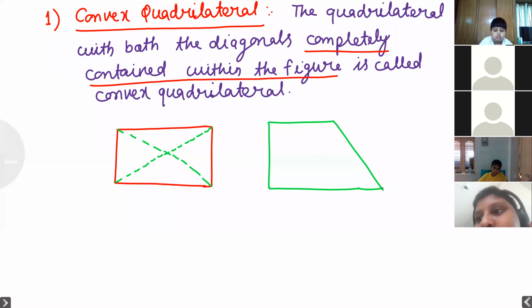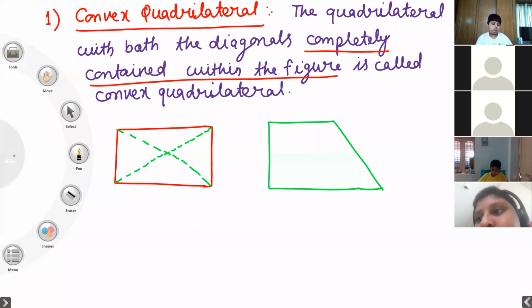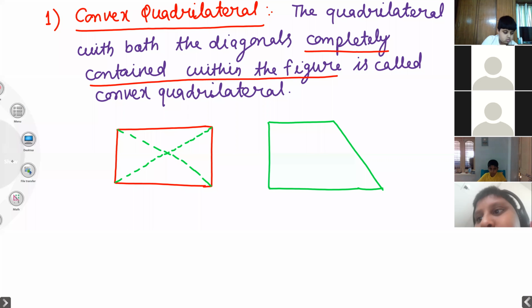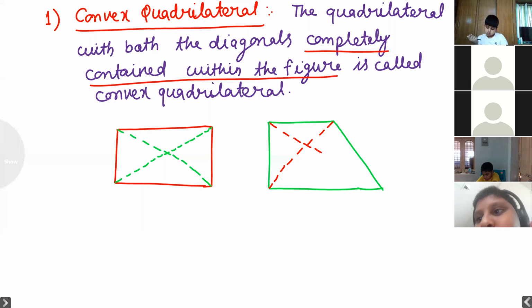What is the meaning of completely contained within the figure? It means both the diagonals will lie inside the figure. If I join two opposite vertices, that is called a diagonal. In this figure you are observing, students, all diagonals are lying inside. This is called a convex quadrilateral.